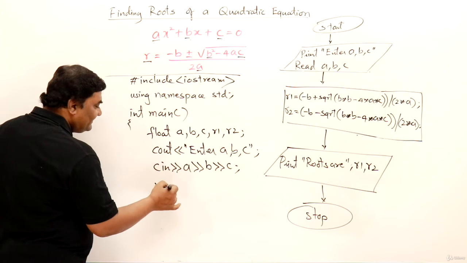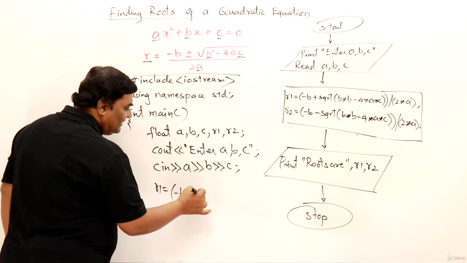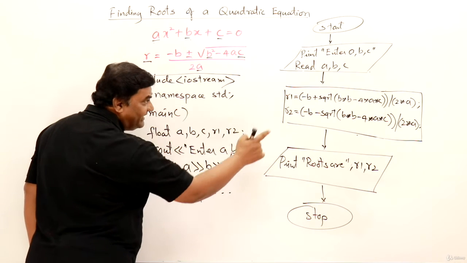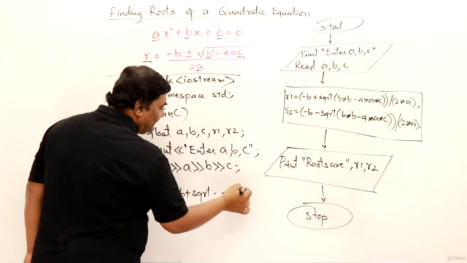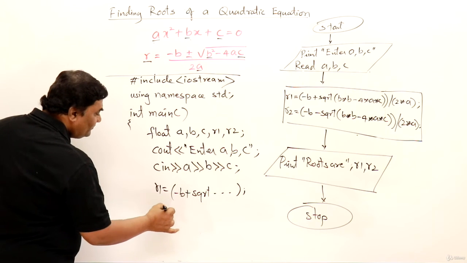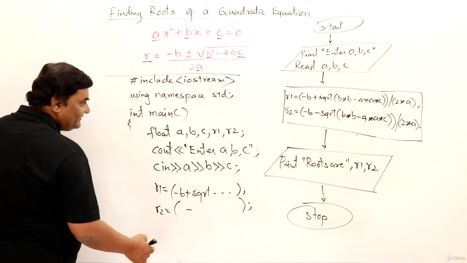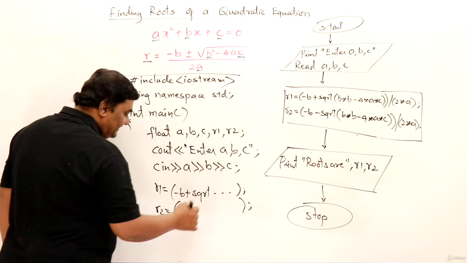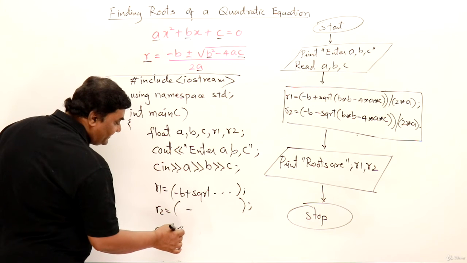Then the first one, R1, assign minus b plus, same formula. I need not write down that same thing again as it is; I have written it perfectly as required in a C++ program. Write this one. Then R2, that's the same formula, just instead of plus, use minus. After that, print the result with cout. Now watch this carefully.